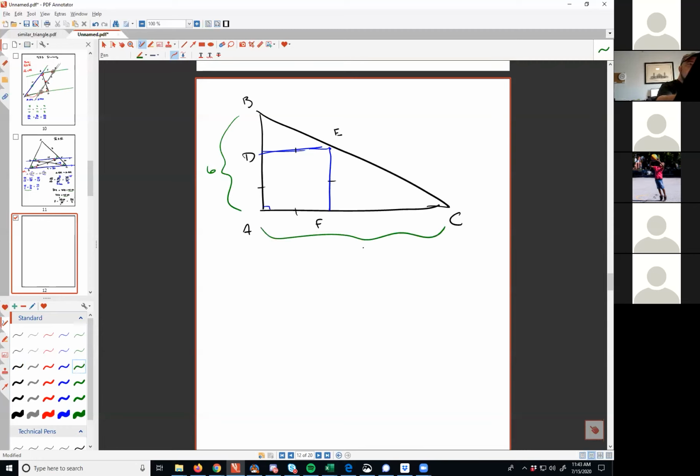So the legs of the right triangle are 6 and 10. And we want to find the side length of the square. I'm going to let you all think about this one for a couple of minutes here.